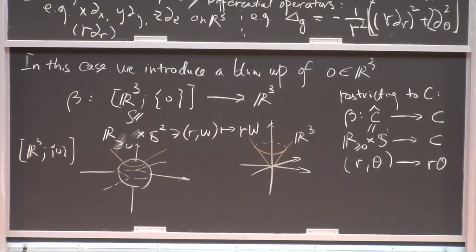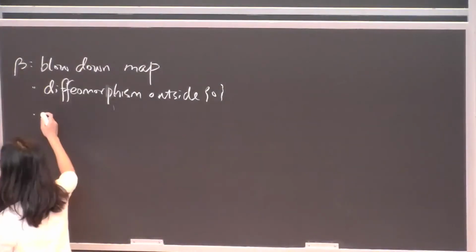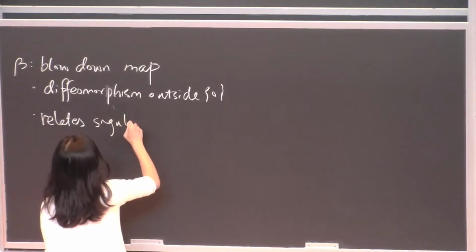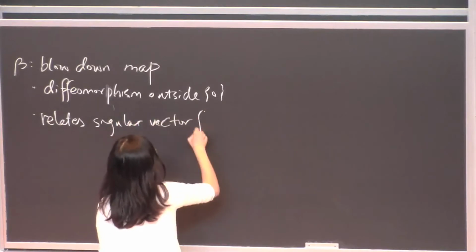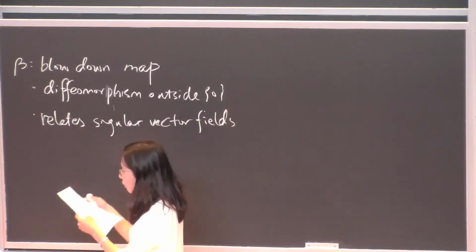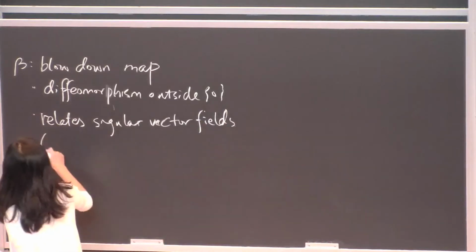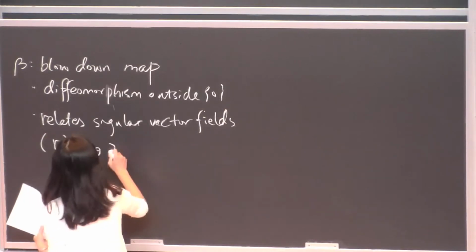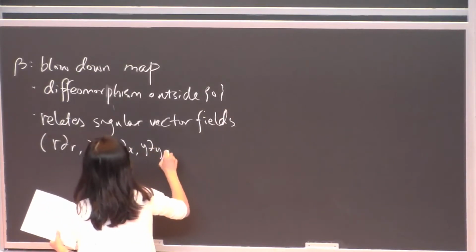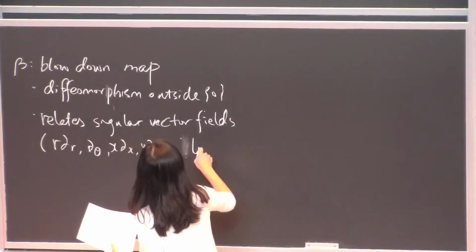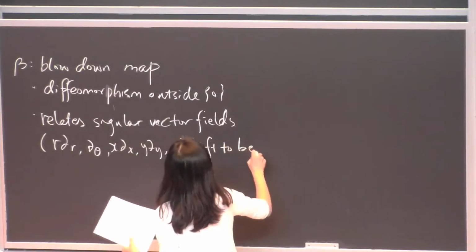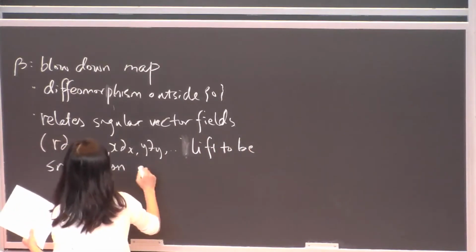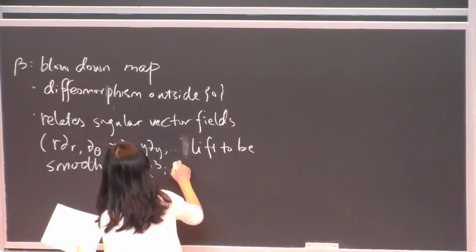Okay, and the second is that it relates singular vector fields by the following, in the sense that those singular vector fields, this r dr, d theta, x dx, y dy, etc., those are lifted to be smooth on this new space, R3 blown up at 0.